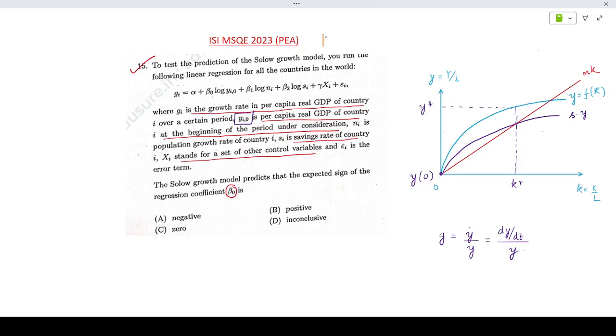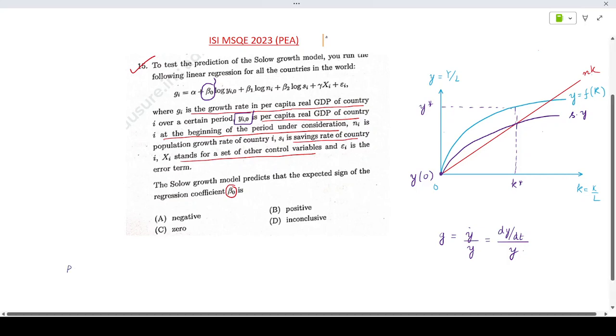If we look at the regression model, the first thing is that the coefficients represent partial effects. That is, del gi by del log yi naught equals beta naught.